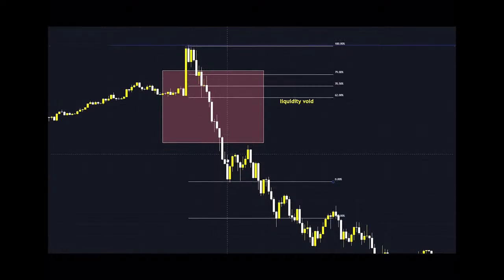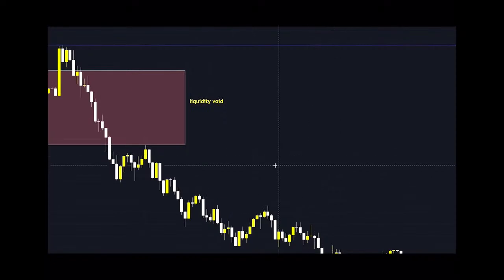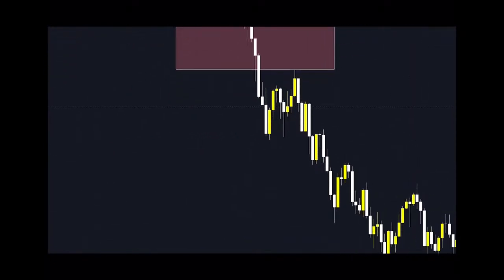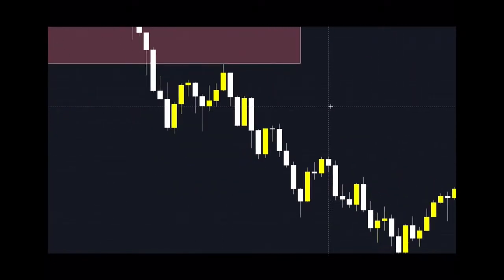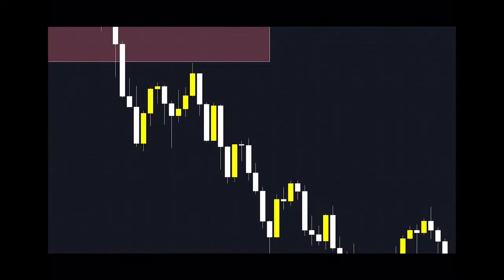After this monstrous liquidity void right here, you know that we're having very, very, very strong bearish momentum. So when price came back up and confirmed that liquidity void, what we can start doing is using a Fibonacci tool for every single entry on the way down. You can get multiple scalps on this constantly.